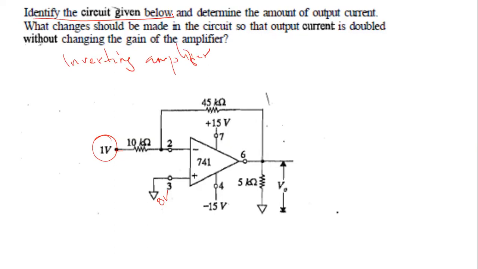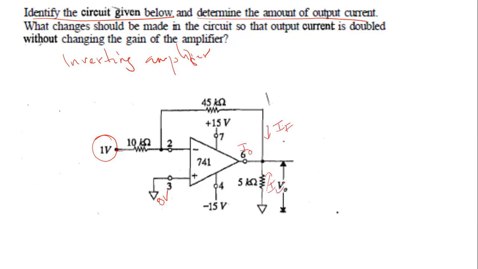Determine the amount of output current. So what will be the output current now? The current at this point is called your output current, I naught. I naught here is split into the feedback current IF and the load current IL.